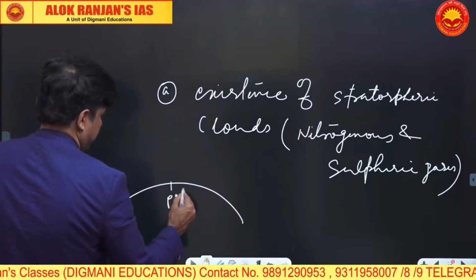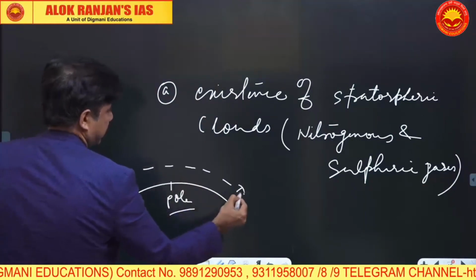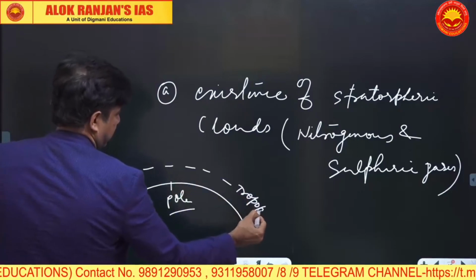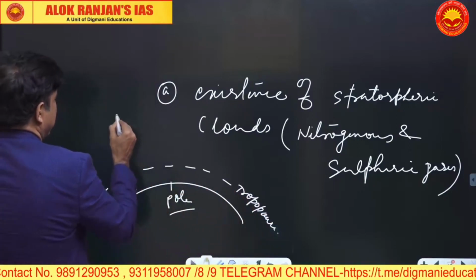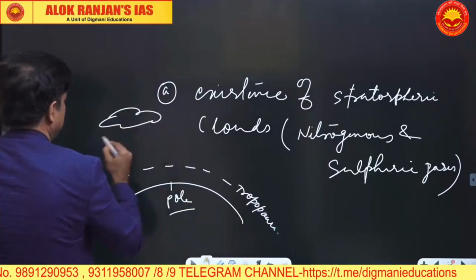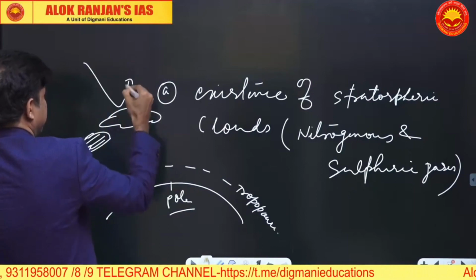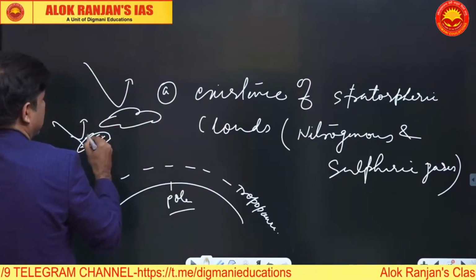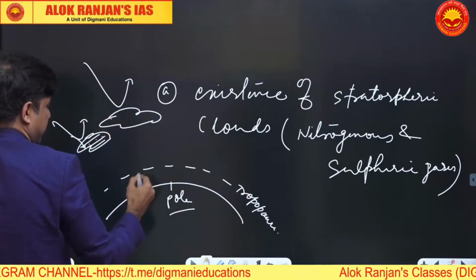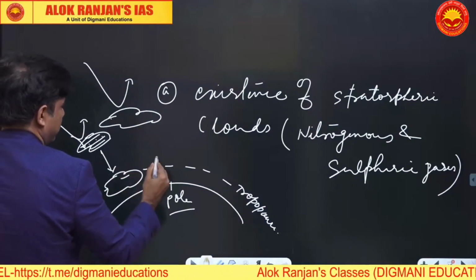Say if this is the pole, this is the tropopause, then you have, these are the clouds. So the UV rays will be either absorbed or reflected back. So here, just below the clouds, you have thinning of ozone.